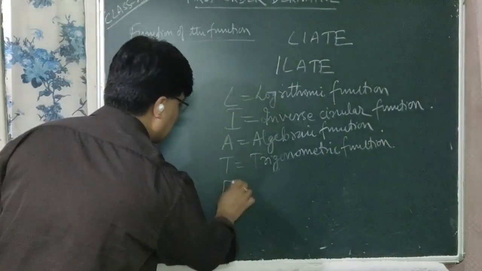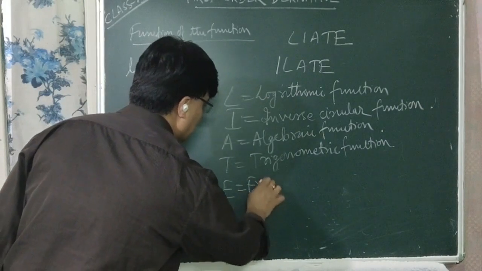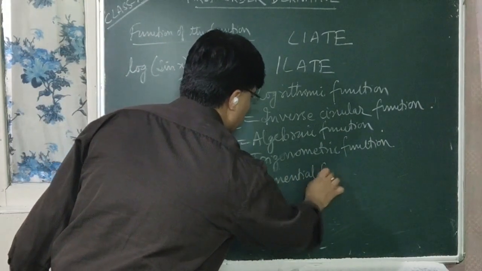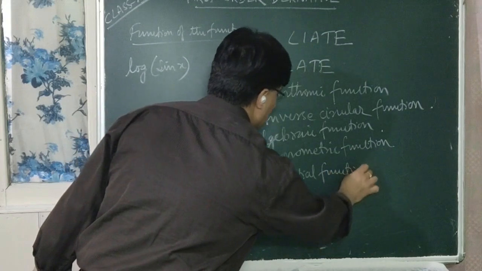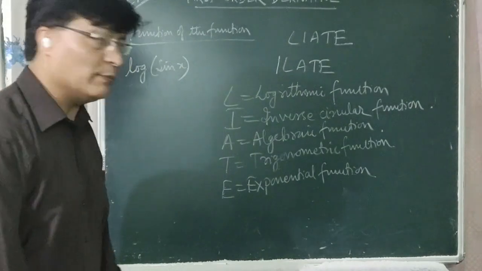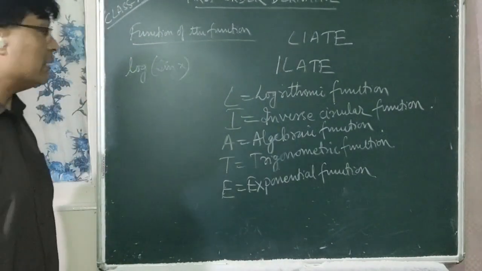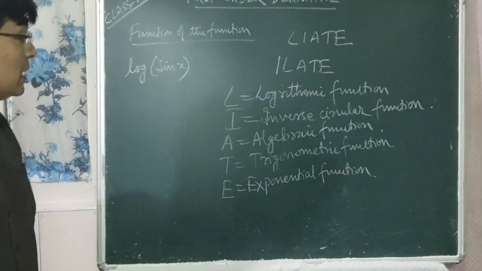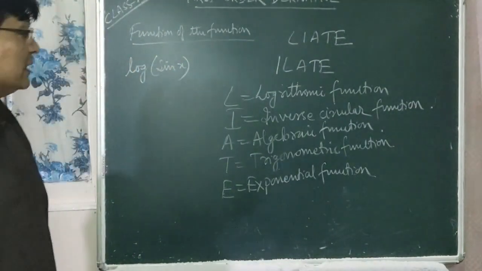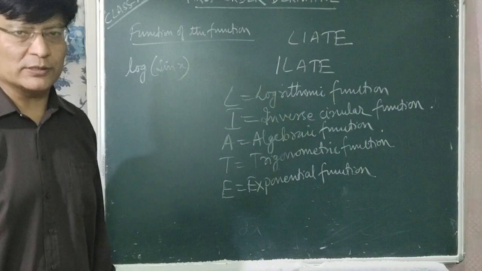And what is E? E is the exponential function. So you should know this word, that is LIATE or ILATE. L means logarithmic function, I means inverse circular function, A means algebraic function, T is trigonometric function, and E is exponential function.